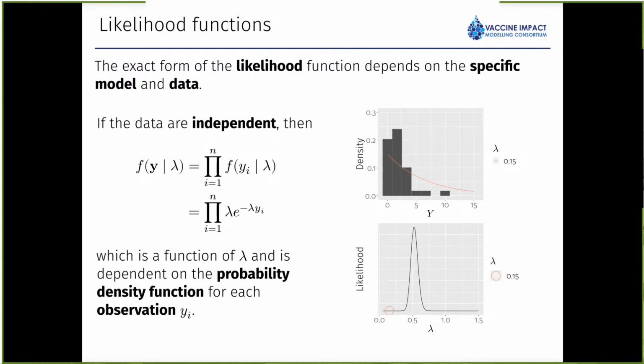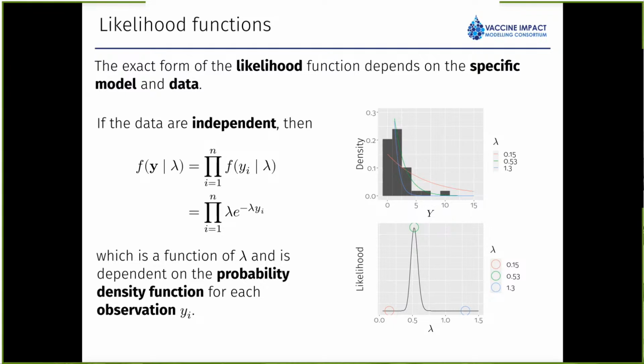It doesn't look very much like the data. If I choose something up here, now I get a much steeper curve. It still doesn't look like the data. But if I choose something here, where the likelihood is high, then I get a much better fit to the data. So this is the basic idea behind maximum likelihood estimation.